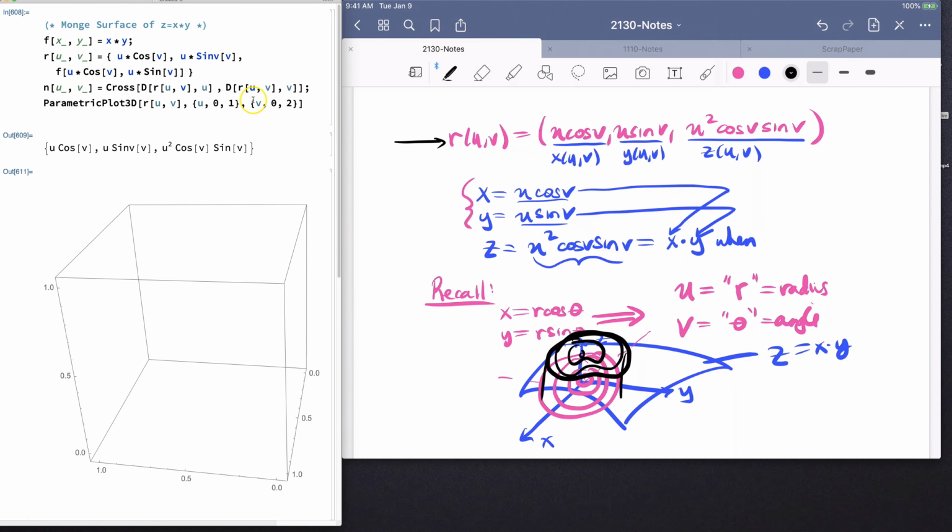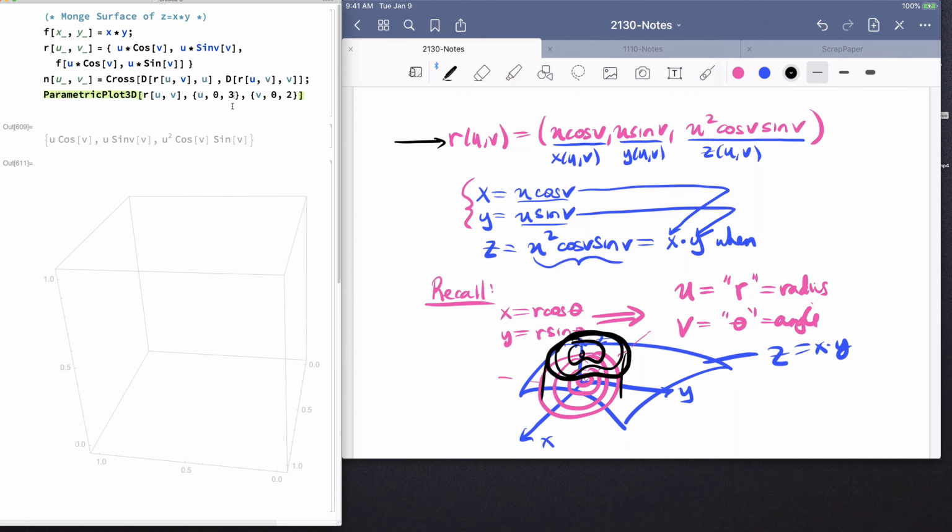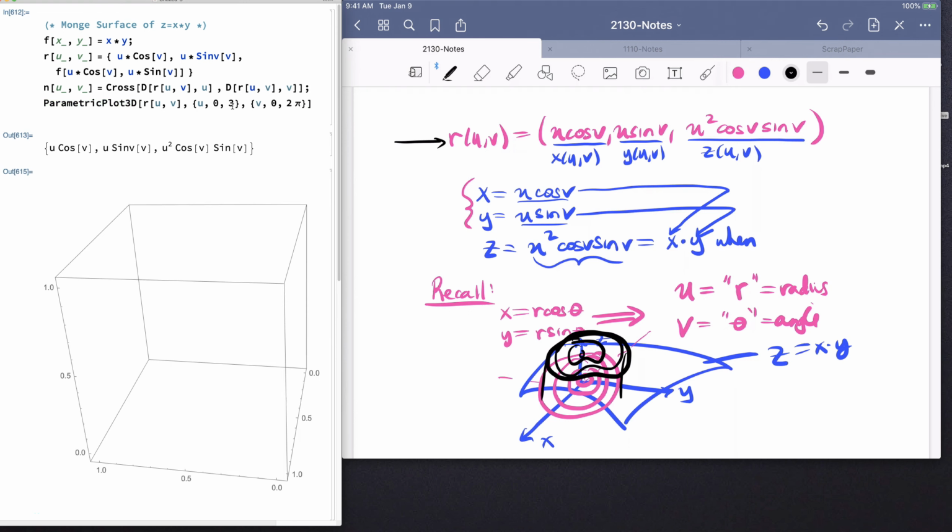And let's see, u is the radius variable, so we'd like to plot this from circles going from radius 0 to maybe 3. Okay, and v is the angle variable, so let's let that go from 0 to 2 pi. Okay, and let me see, I'm not understanding why this surface is not plotting.